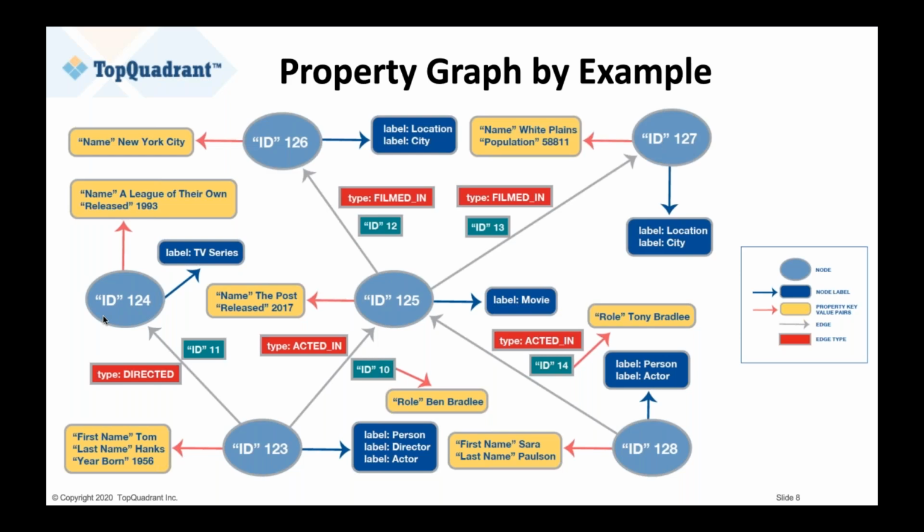And we could also talk about the fact that the movie The Post was filmed in various locations that happen to be cities, and they've got names and they've got population. So that's a property graph. Let's now take a look at exactly the same data in the RDF knowledge graph and see how it looks, and this way we can compare and contrast.